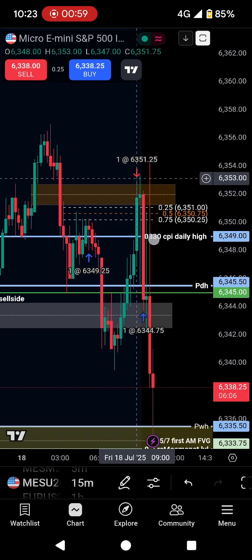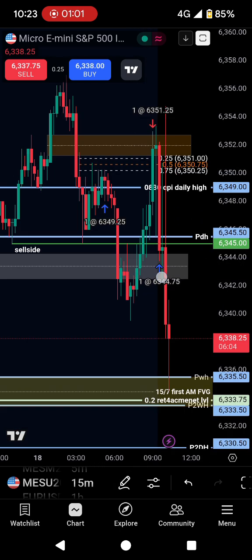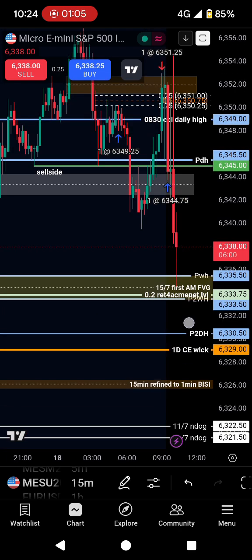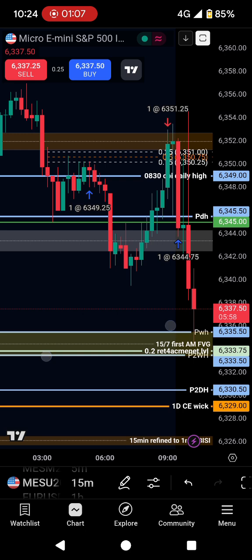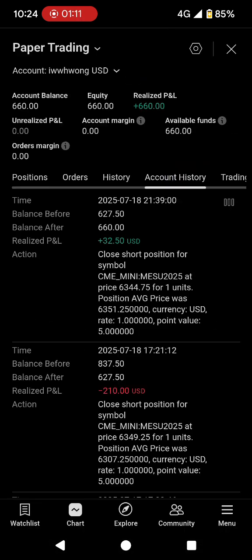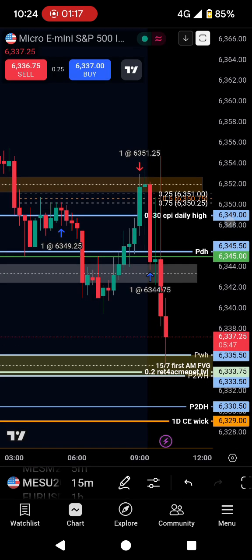Then you can see we trade into it, then trade down back to the sell side again, and yeah, that will be it. So once again, another profit trade.